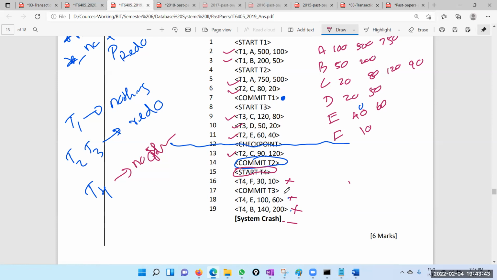Anyway, the database may not have flushed it, and therefore we don't have to worry about those things. And therefore, final state also we don't have to worry about. We don't have to consider these changes because these changes never happened. And we are not also going to redo it because it's an incomplete transaction.